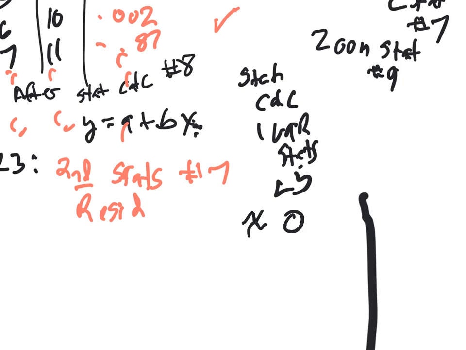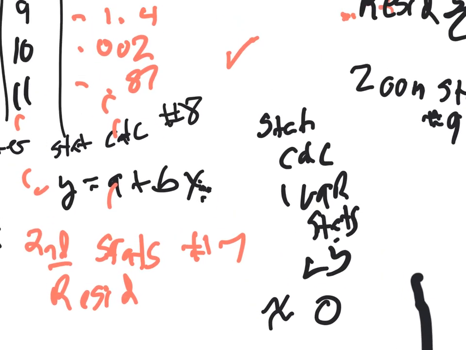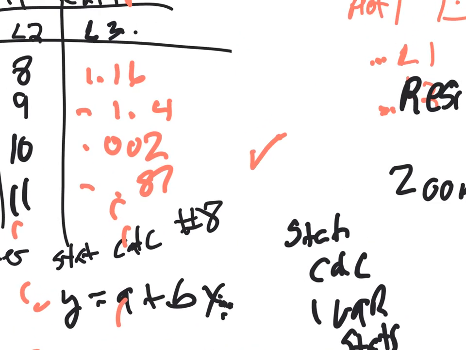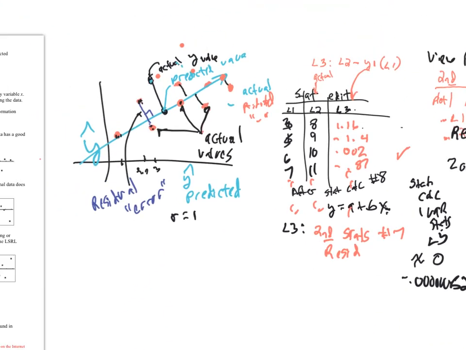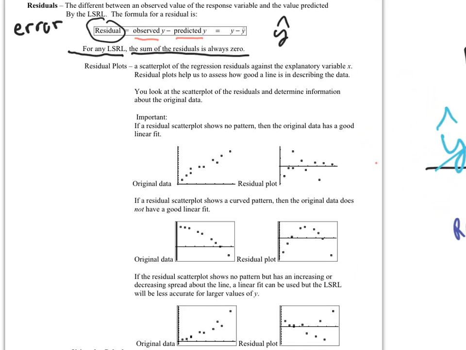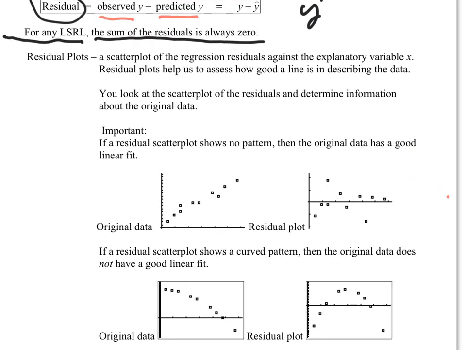It might even be something like negative 0.0000000052. Well, that's really 0. But see, the calculator has decimal values, and it keeps a whole bunch of decimals in the calculator forever. So it has rounding errors. The actual answer is 0 if you had every single decimal forever.